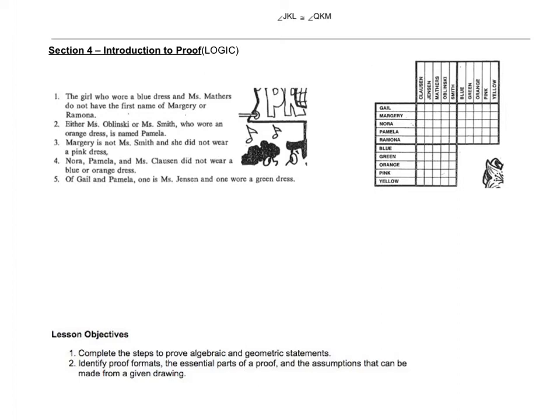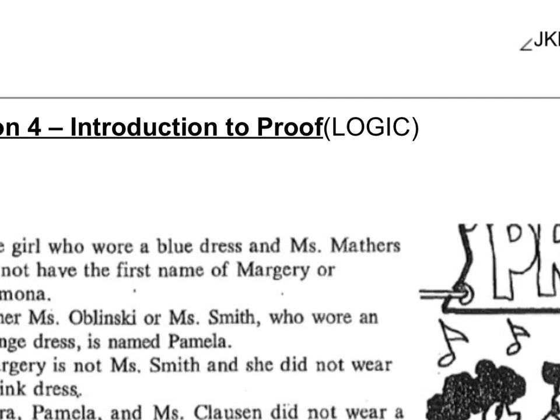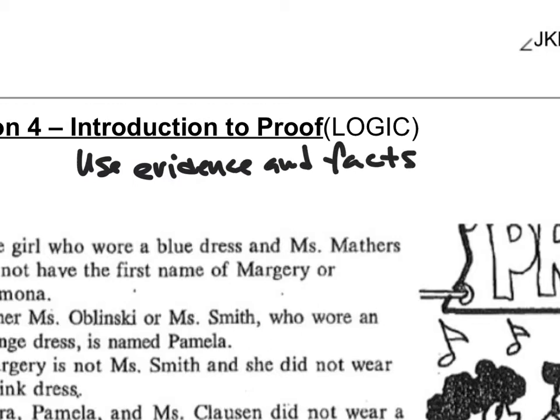Okay, this is a geometry video over section 4, which is what we're calling Introduction to Proof. I like to call it logic. So the idea of a proof is to basically use evidence and facts to draw conclusions.